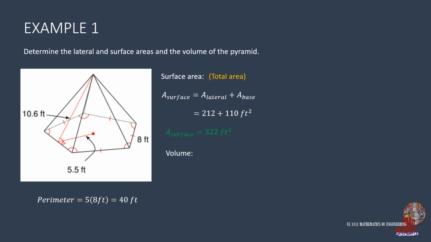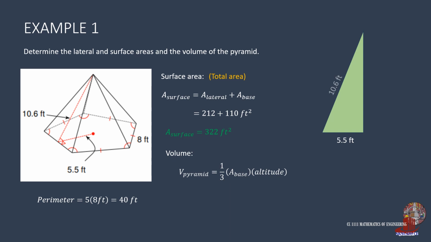For the pyramid's volume, we use the equation of a third of the area of the base times the altitude. We figured out what the area of the base is, but we still need to look for the altitude. This is through the triangle composed of the slant height, the apothem, and the axis.